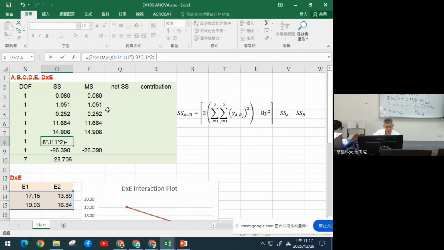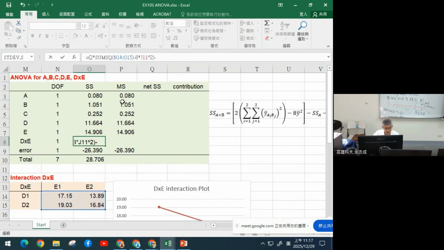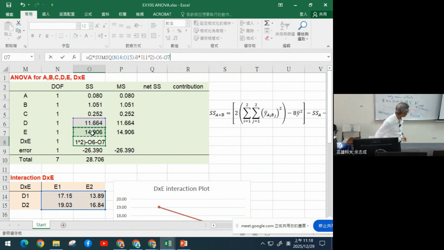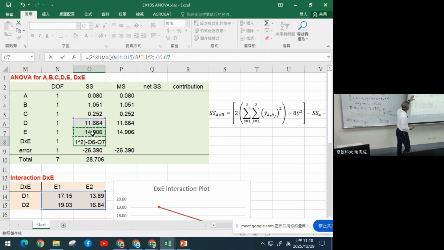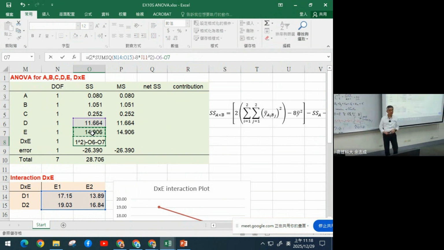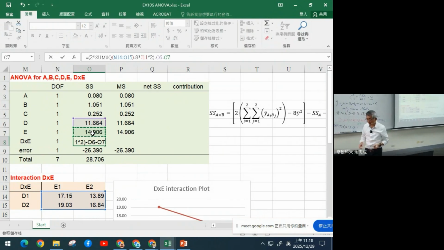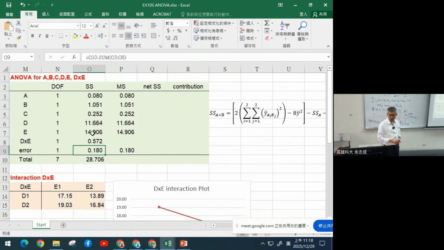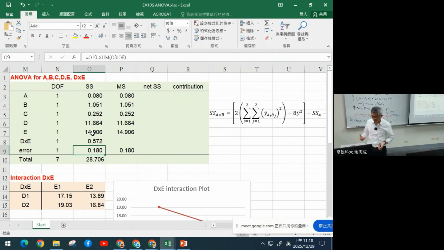Minus sum of square due to, I'm sorry, not A, sum of square due to D and minus sum of square due to E. All right, so this will give you the interaction for DE. Any questions? The answer should be 0.0572. Then we can finish that.